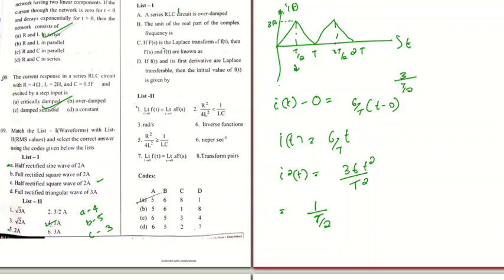So I am taking that as the period, because this is symmetric. We will get the same answer if we take this side also. So I am just going to take from 0 to T by 2 only. So it is 1 by T by 2, integral 0 to T by 2, 6 by T into t, sorry, 36, that is square. Okay, 36 t square by T square into dt, the whole raised to 1 by 2, that is the RMS value.